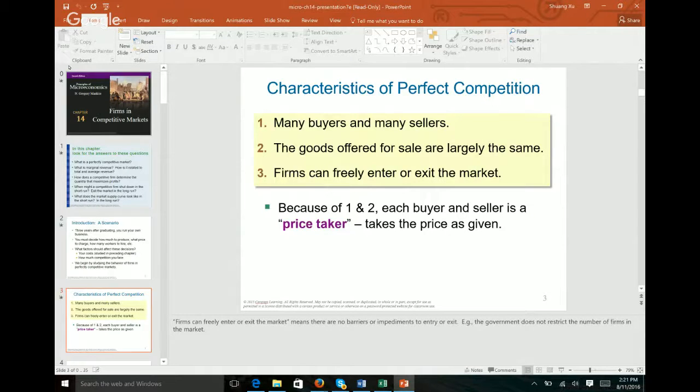The second requirement is that the goods offered for sale are largely the same. It doesn't matter who you buy from, every single seller sells the same good. And number 3 is the firms in the marketplace are free to enter or free to exit the market when they feel like.